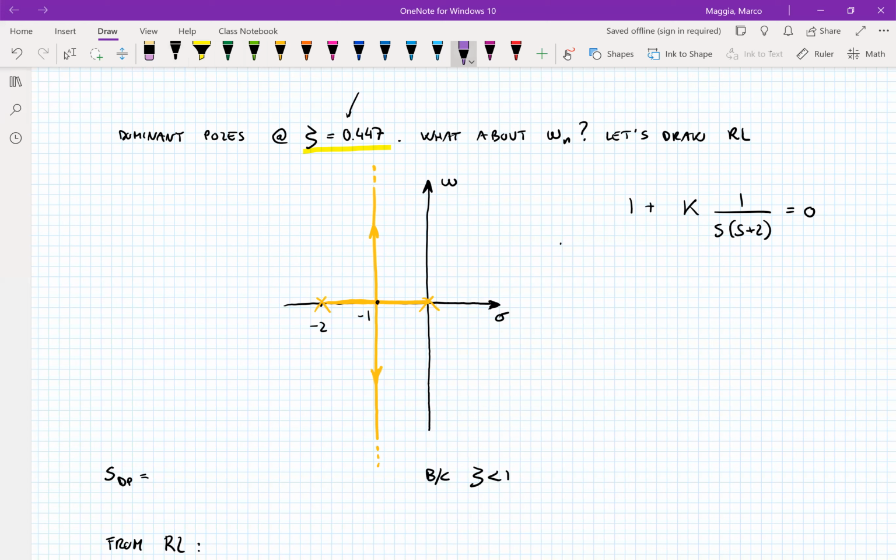So we have to be off the real axis. We must be somewhere on these two branches. In other words, we know that the real part of the dominant poles has to be equal to -1. Or we can write that minus zeta omega n has to be equal to -1. Why this? Because once again, minus zeta times omega n is the real part of the dominant poles.